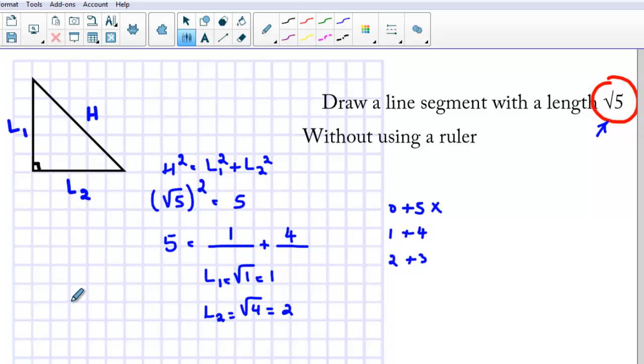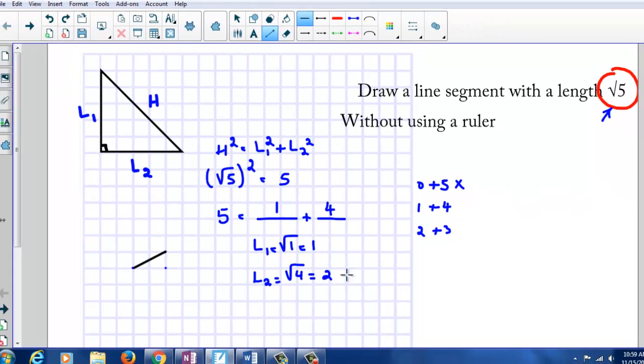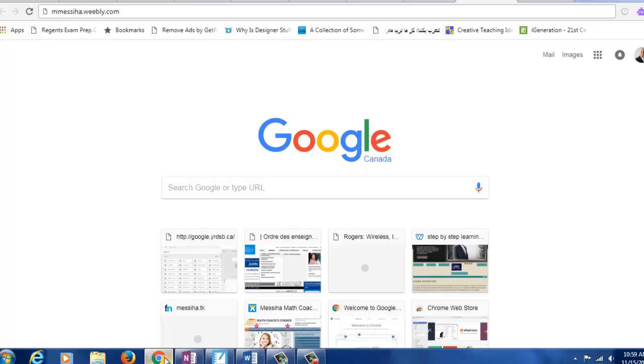So if I go from this point and I decide leg 2 to be 2 units and leg 1 to be 1 unit, and I bring a line and join this point to this point, this line is going to give me a value of square root of 5. This is a solution.